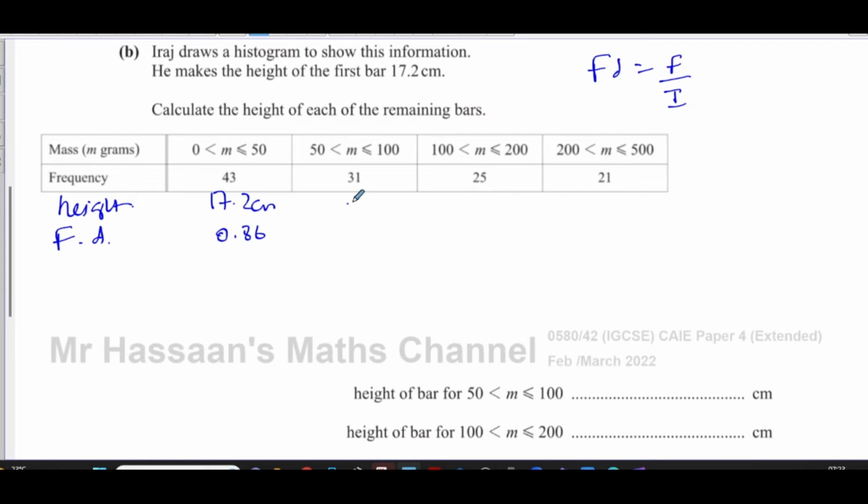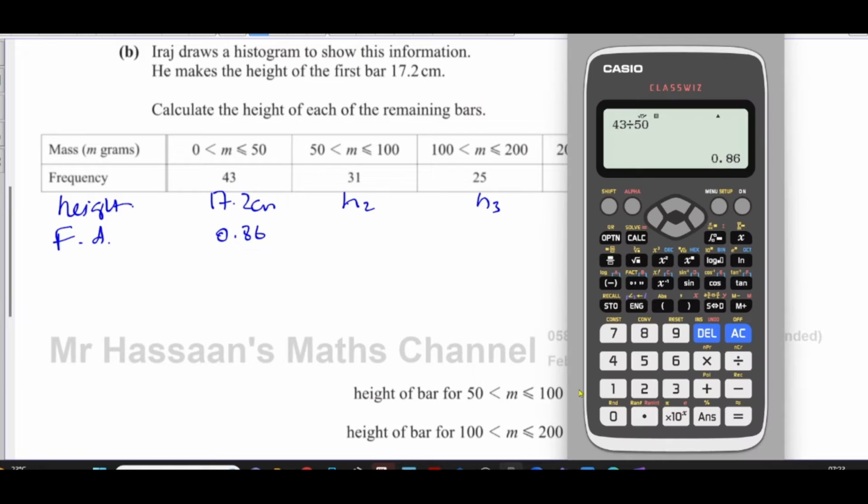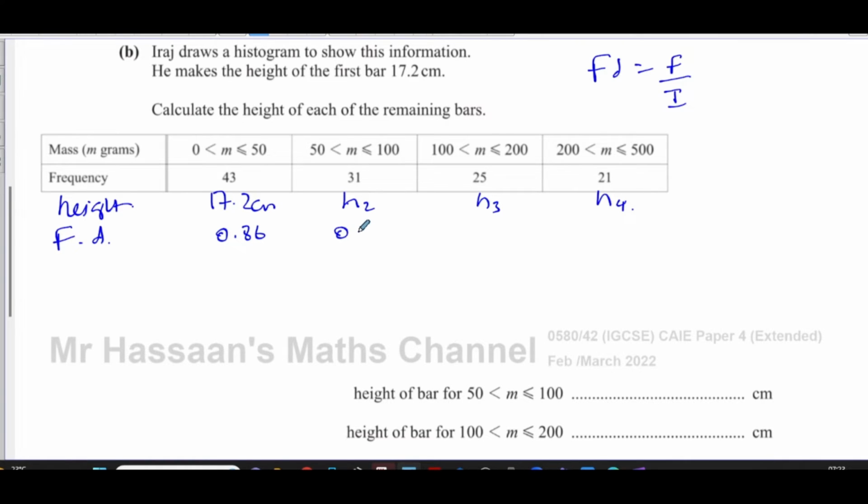For the second bar, I'll call these H2, H3, and H4. We've got 31 divided by 50, which is 0.62.